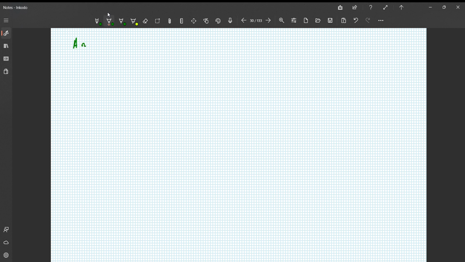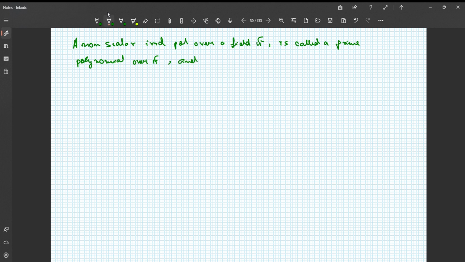Okay, so a non-scalar irreducible polynomial over a field f is called a prime polynomial over f, and also called a prime in f[x].